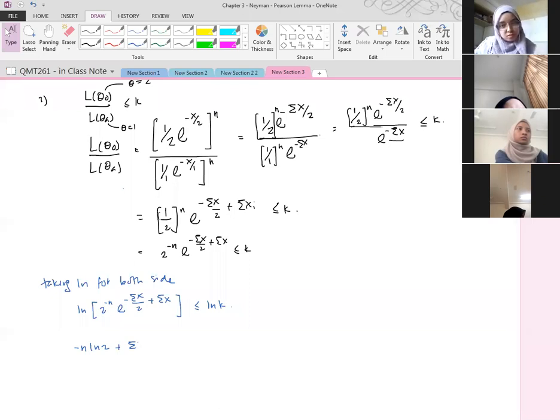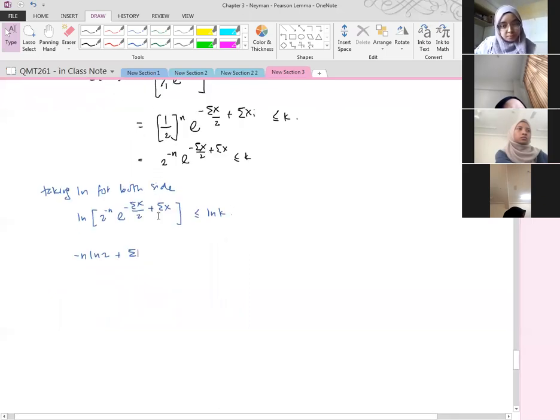Yeah. When we solve this, negative summation of x divided by 2 plus summation of x becomes summation of x over 2, right? If you simplify, negative 1 over 2 plus 1 should be 1 over 2, right? So it becomes summation of x over 2 less than or equal to ln k.